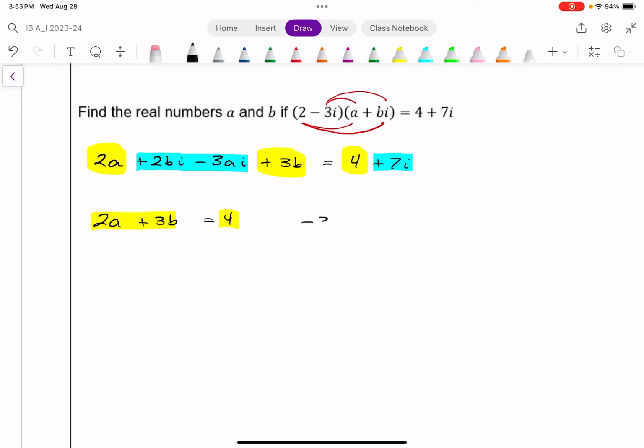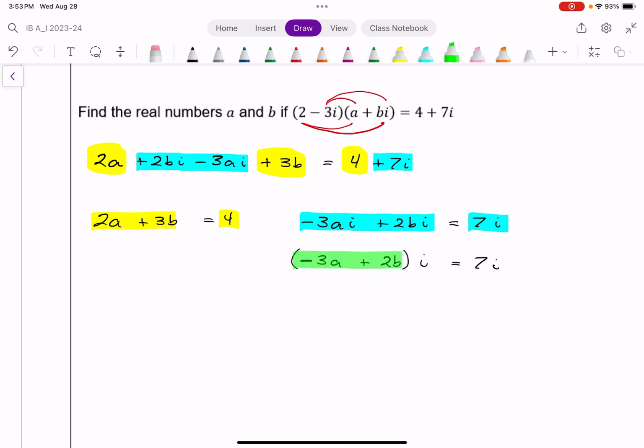I'll start with the -3ai plus 2bi must equal 7i. Which means if I factor out the i, that means -3a plus 2b, all that times i. That means -3a plus 2b must equal 7.